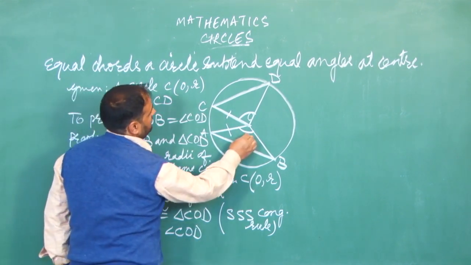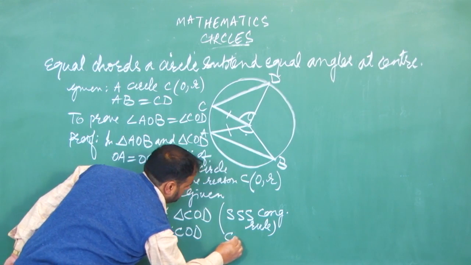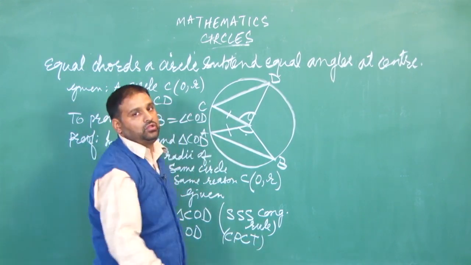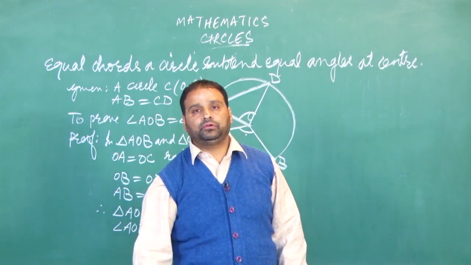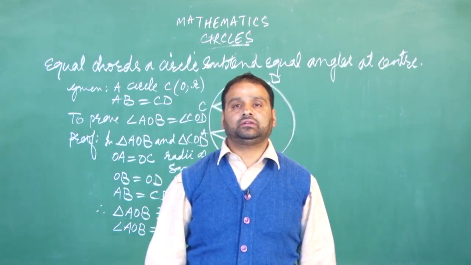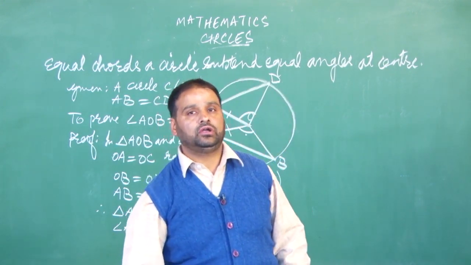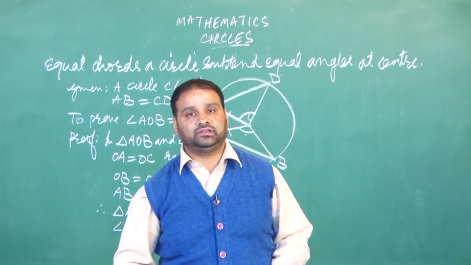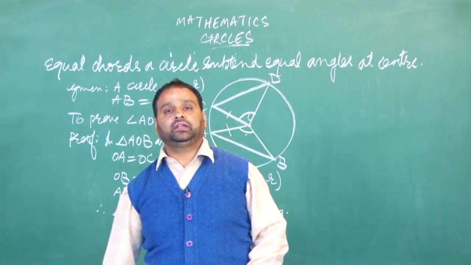And for AOB equal to COD, we write CPCT, corresponding parts of congruent triangles. So this way, we proved that in a circle, if we draw two equal chords, they subtend equal angles at the center. Hope you understand that.